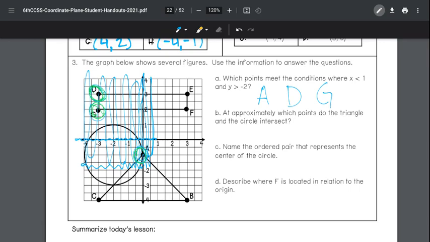B, at approximately which points do the triangle and the circle intersect? I'm going to erase this so that we can see. Where the triangle and the circle touch are these 2 points. So the ordered pair for A is 0, -1.